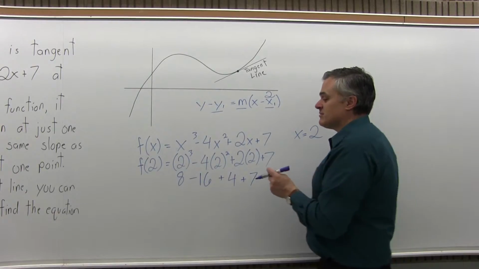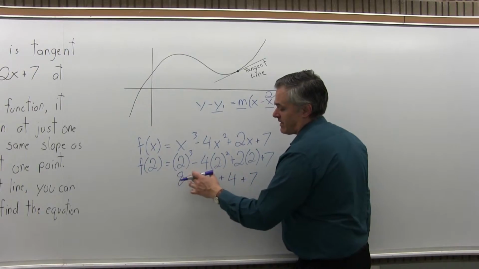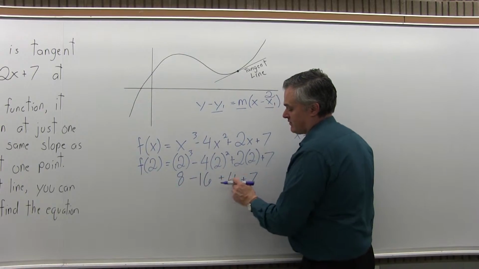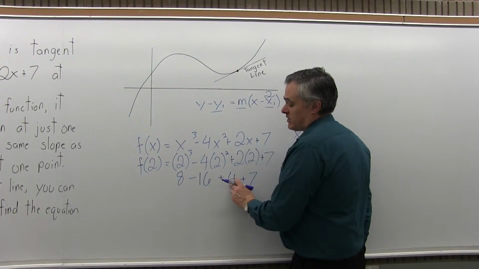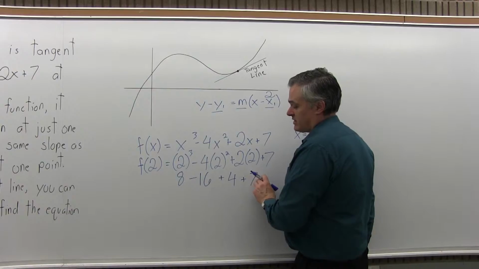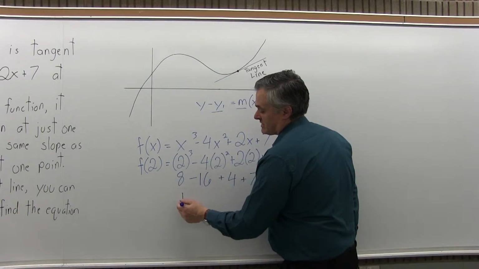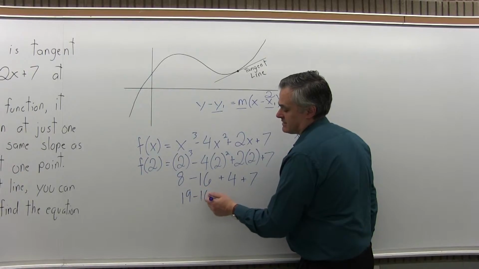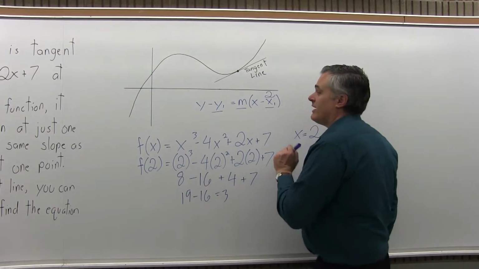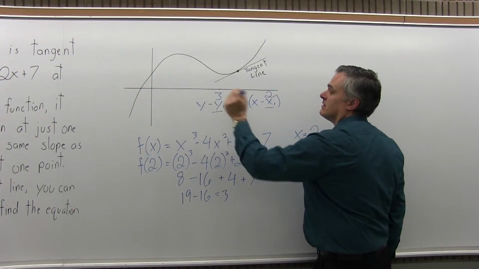So what I do for something like this is I'll combine my positives, positive 8, positive 4, positive 7. 8, positive 4 is positive 12, positive 12 and positive 7 more is positive 19. And then negatives is only 16. So 19 minus 16 is 3. So the y value is 3.